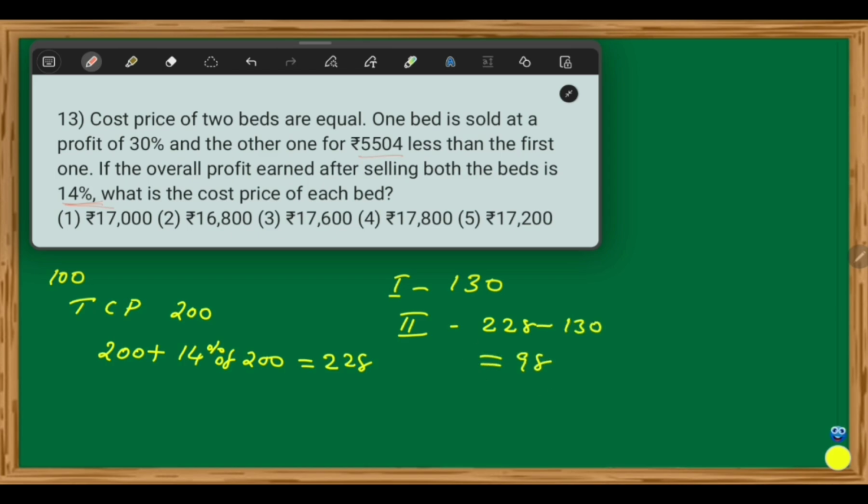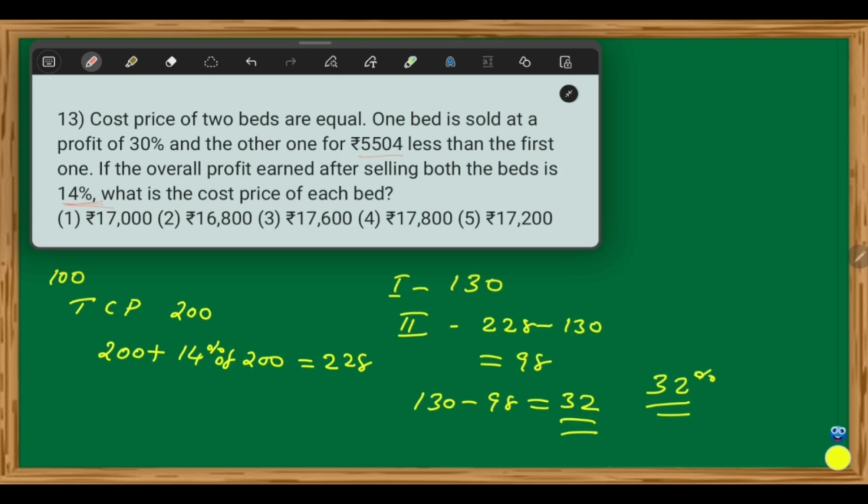Therefore, the second bed is sold at a loss of 2%. The difference between the selling price of the first bed and the second bed is 130 minus 98, that's equal to 32. 100 is the cost of one bed, therefore this 32 is 32% of the actual cost price.